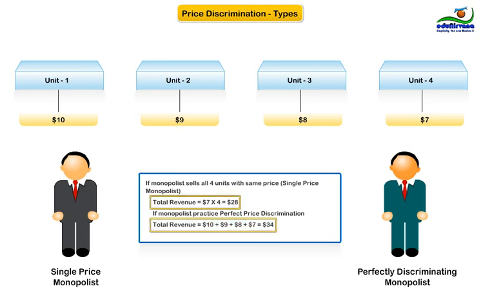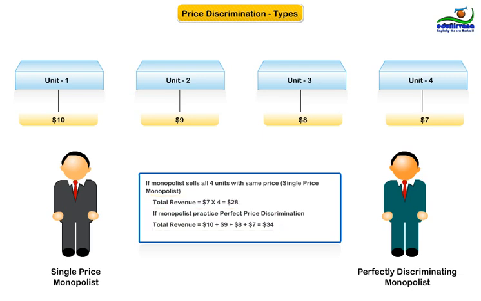A comparison of total revenues with and without price discrimination explains why the monopolist would want to price discriminate. A perfectly price discriminating monopolist receives the maximum price for each unit of the good it sells. A single price monopolist does not.